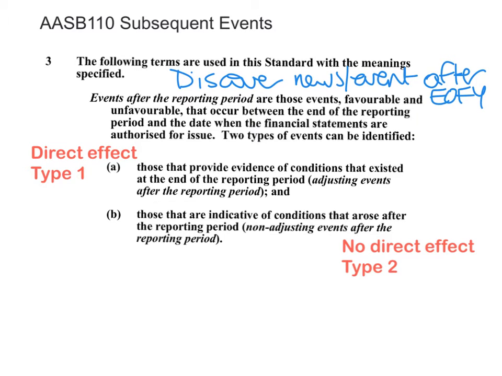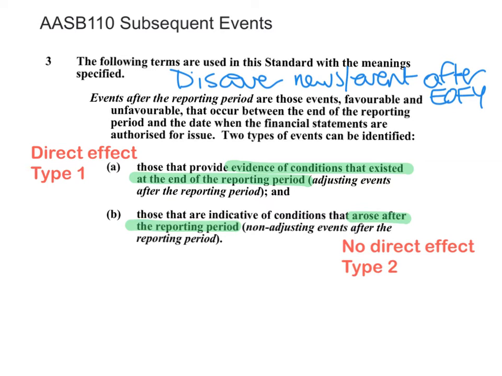Okay? And then they fall into two types of categories, which was the two types that I just mentioned before. Evidence of conditions that existed at the end of the reporting date, and these are our adjusting or direct effect conditions, and conditions that arose after the reporting date, which are our disclosure and no direct effects.